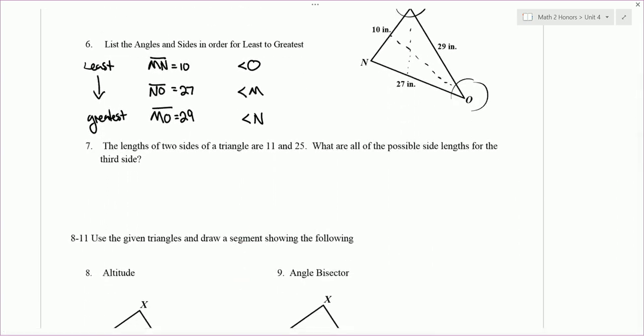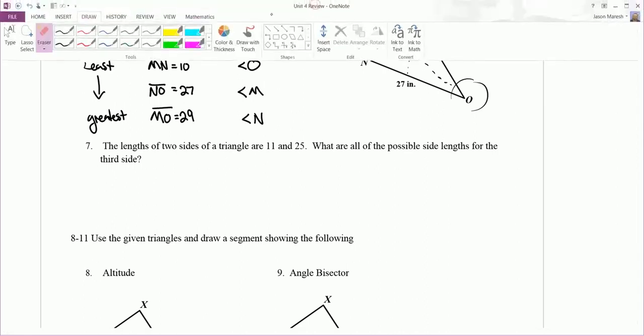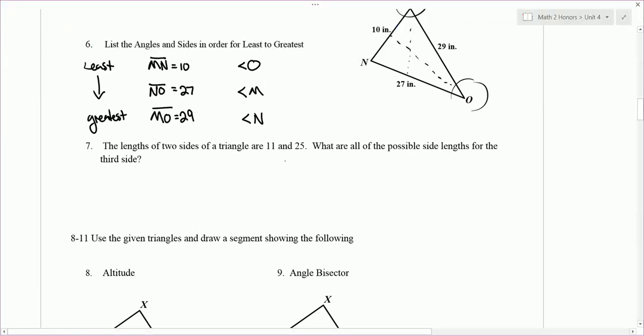Number 7, the lengths of two sides of a triangle are 11 and 25. What are all of the possible side lengths for the third side? So on this one, we have two cases to consider. Let's let our third side be x.